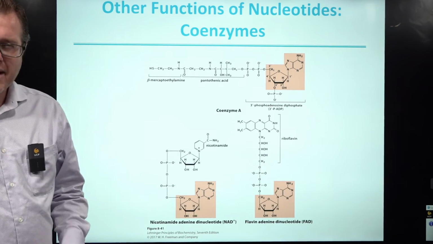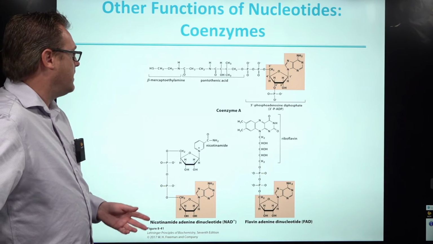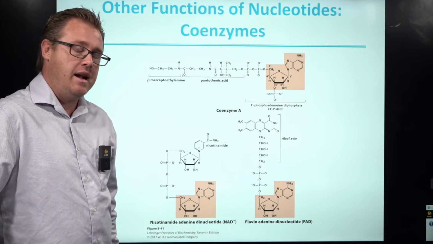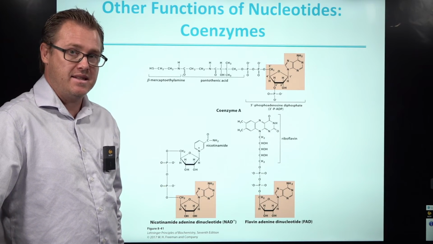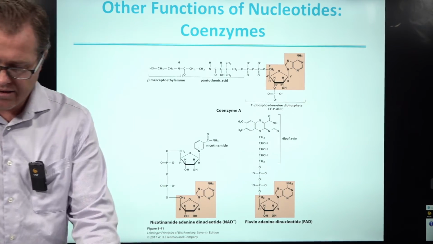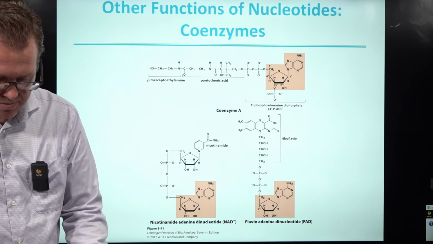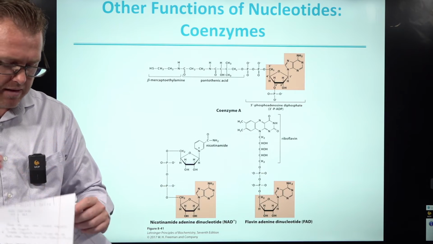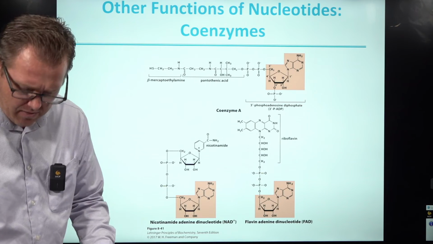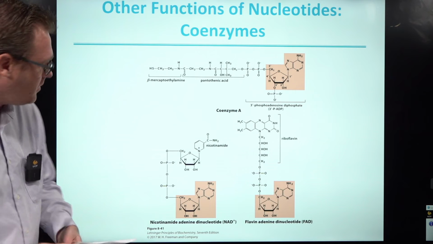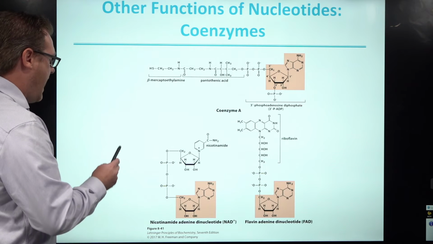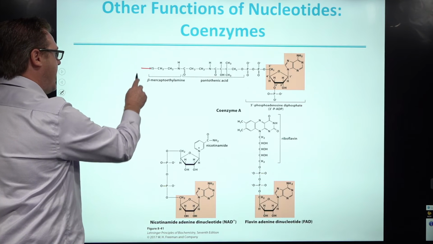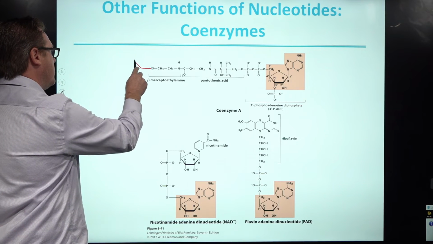Now, what is it used for? Okay, so you're going to see this a lot when you start looking at the citric acid cycle. In the citric acid cycle, this molecule is going to attach an acyl group.